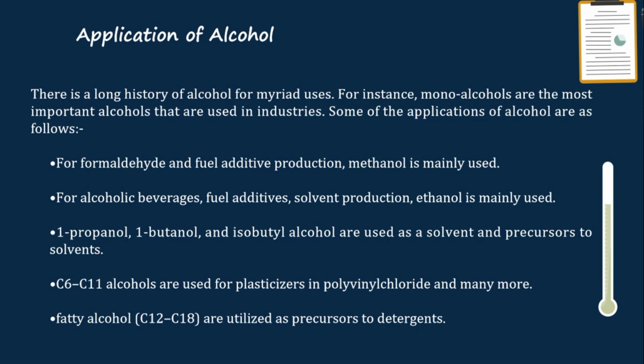Second, ethanol is mainly used for alcoholic beverages, fuel additives, and solvent production. 1-propanol, 1-butanol, and isobutyl alcohol are used as solvents and precursors to solvents. C6 to C11 alcohols are used for plasticizers in polyvinyl chloride and many more. Lastly, fatty alcohols, or C12 to C18, are utilized as precursors to detergents.